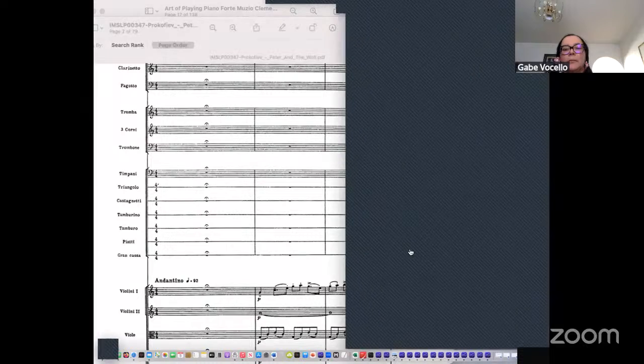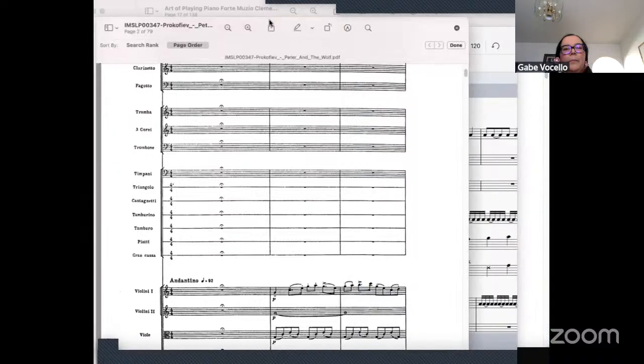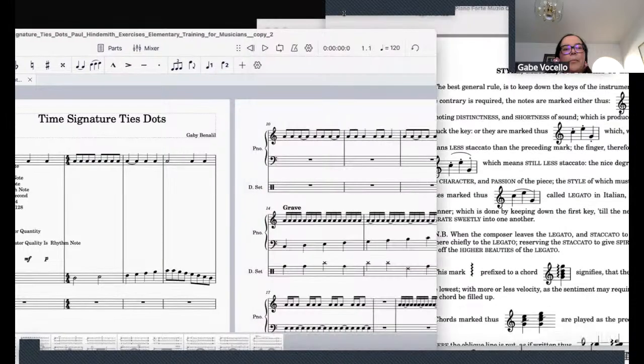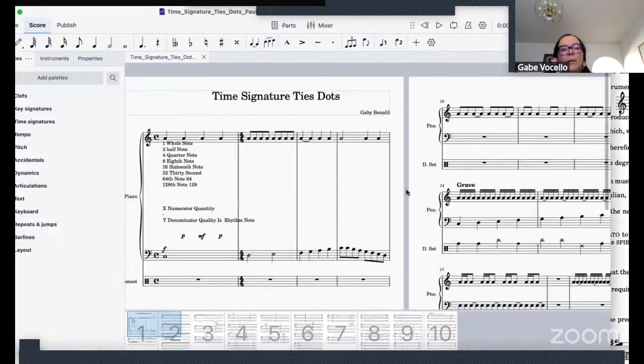So the Y number is the division and subdivision of the whole note.